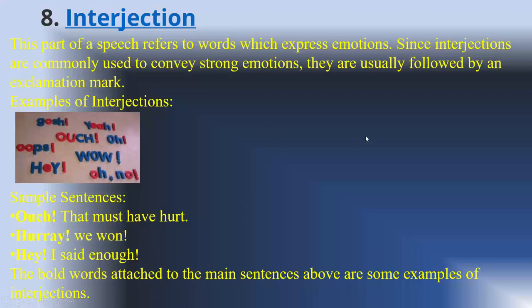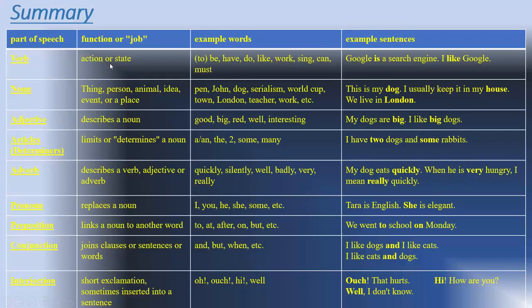Now, as a summary, parts of speech: verb, action or state: to be, have, do, look like, and so on. Example: Google search is a search engine. I like Google.